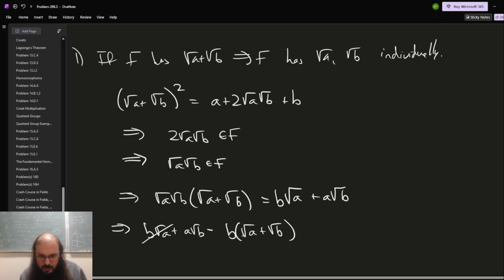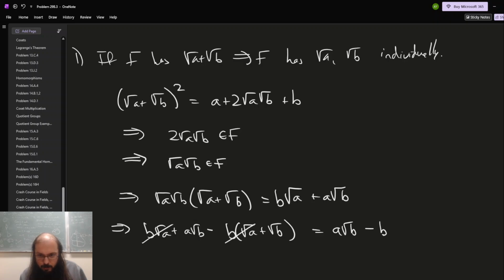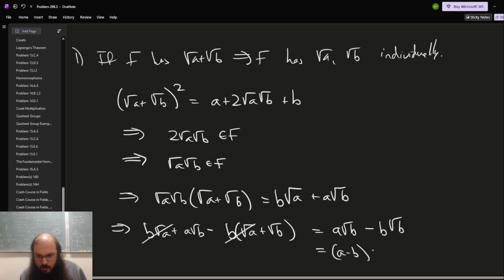But now this cancels with this, leaving a square root of b minus b square root of b, which is a minus b times square root of b in F.